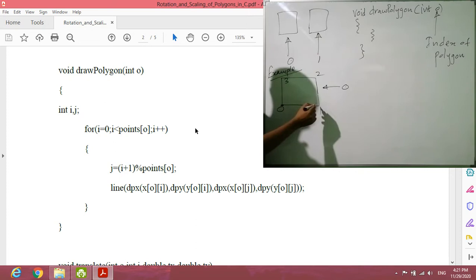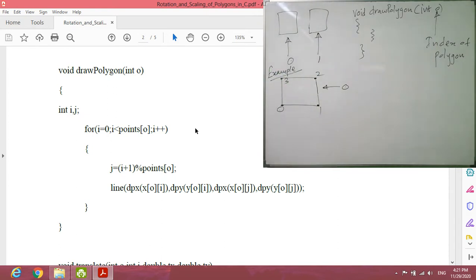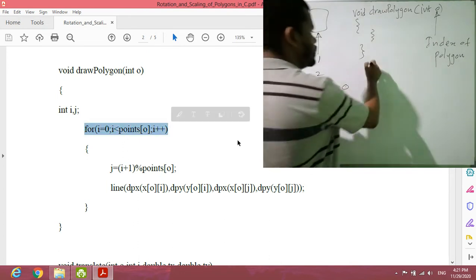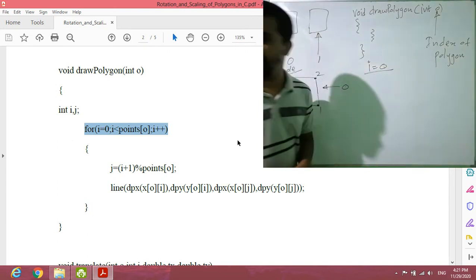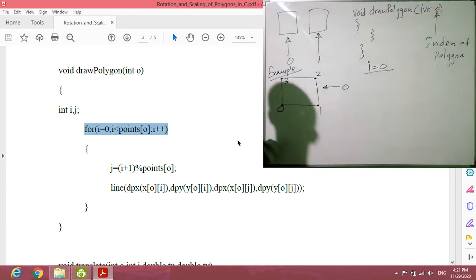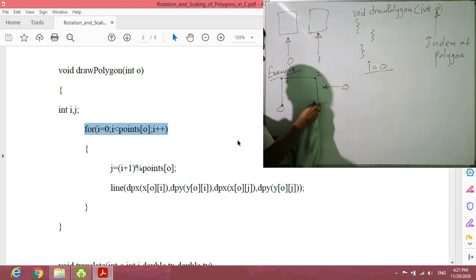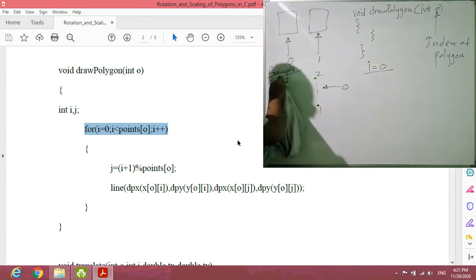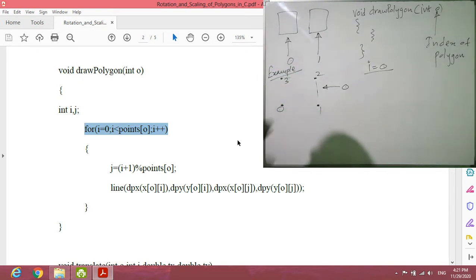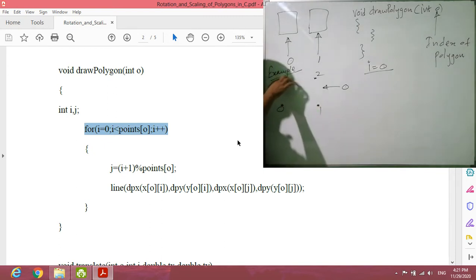We have stored these 4 vertices in an order in those arrays. Now here we have a for loop, when i equals 0. We have not yet drawn this, we have stored only the vertices in the arrays. We have not yet drawn this.